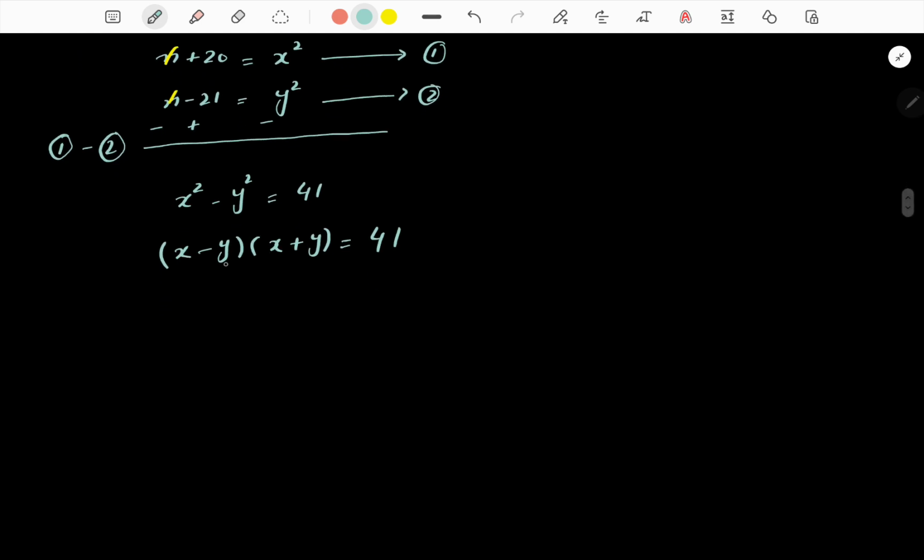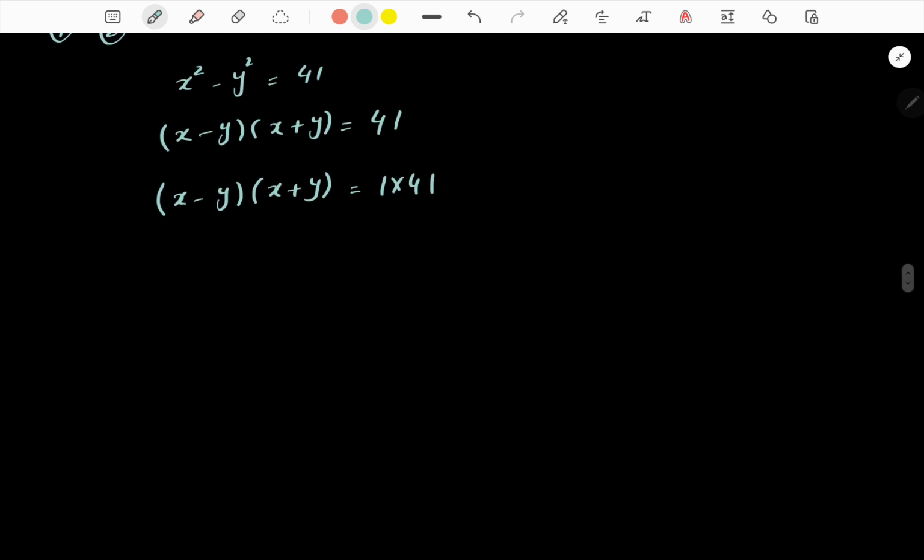Since x and y belong to the set of natural numbers, we can write x minus y and x plus y is equal to 1 multiplied by 41. And from here, because the only factors of 41 are itself and 1, therefore x minus y is equal to 1.